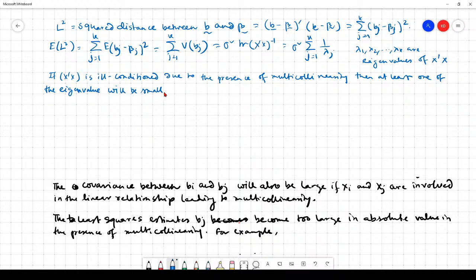So the reciprocal of this eigenvalue is very large. As a result, the distance between b and beta may also be large.